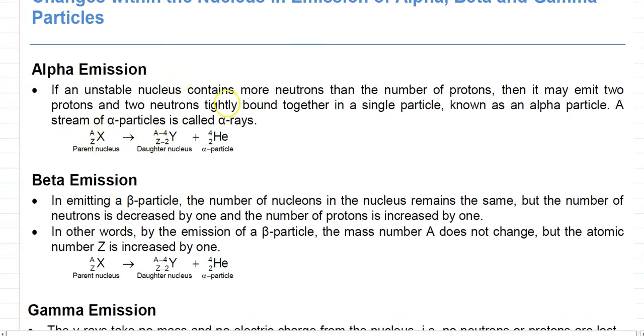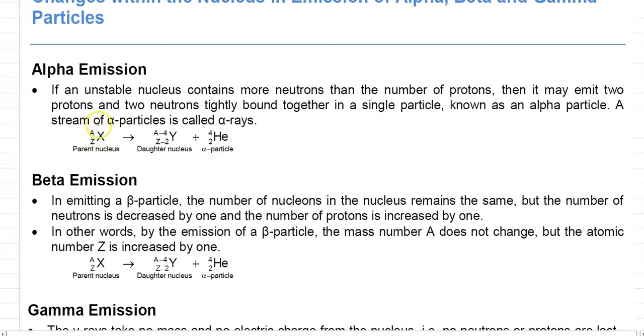In a nuclear reaction, the mass number of the reactants is equal to the mass number of the products. So the mass number of the parent nucleus is equal to the mass number of the daughter element and alpha particle, and the proton number of the parent nucleus will be equal to the proton number of the daughter nucleus and alpha particle.